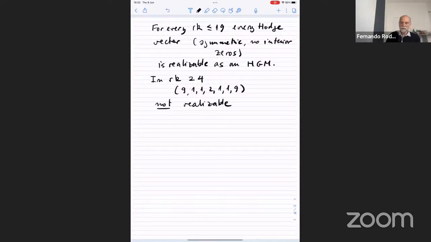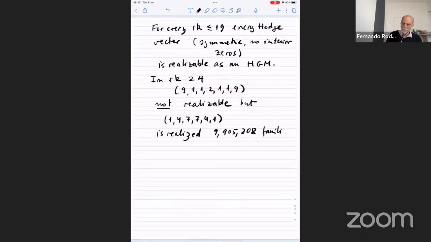So there is no hypergeometric motive with this very unusual Hodge vector. But if you look at this one, then it is realized 9,905,208 families of AGMs.